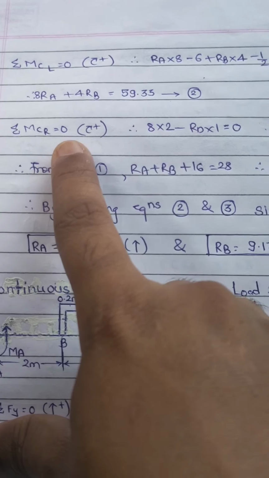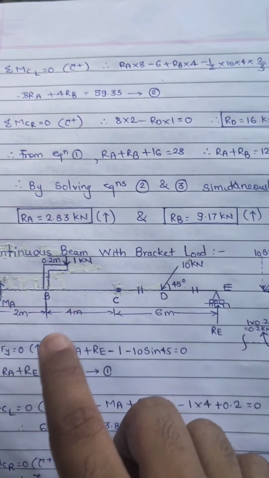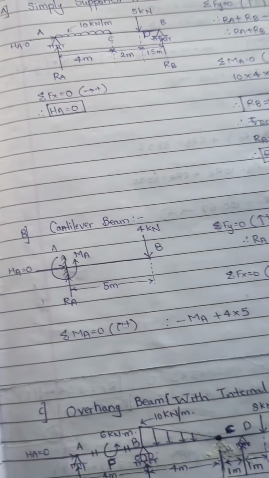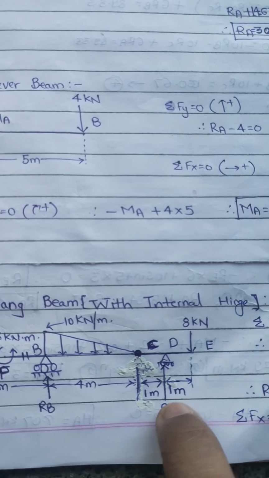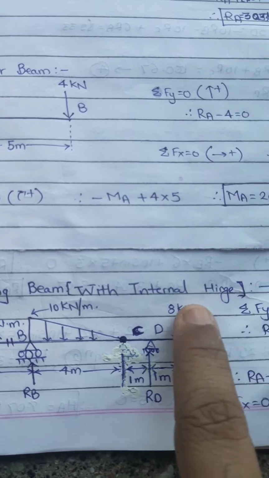Then I'll take the summation of moments at C, right part, equal to 0. At the right of C I have only two things, my unknown RD and the 8.